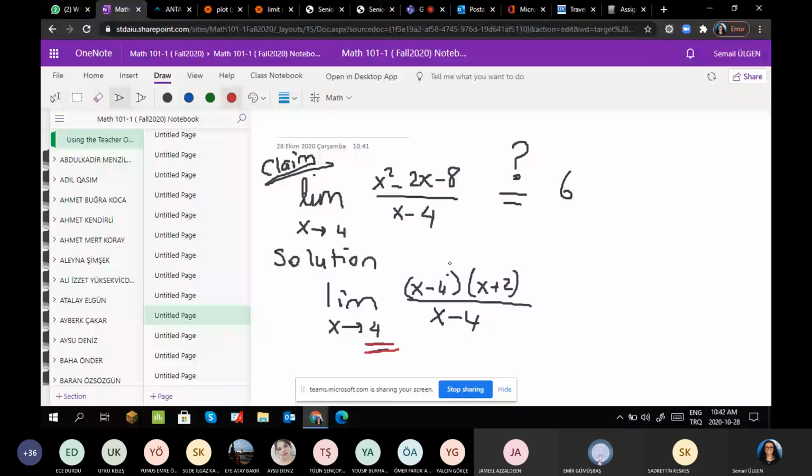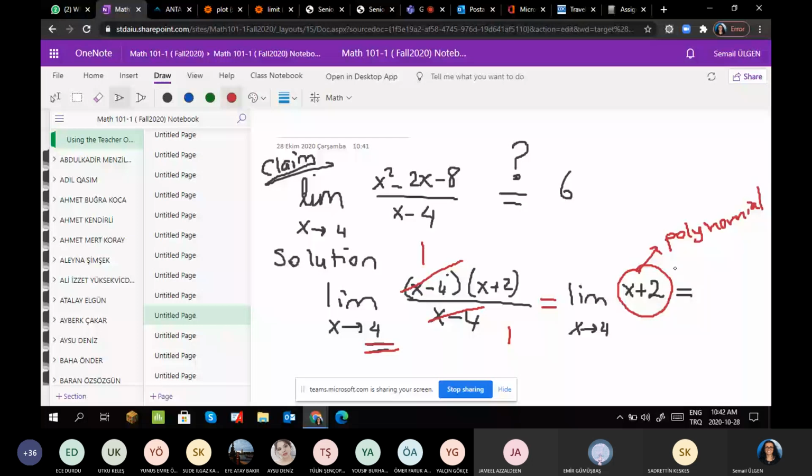So this is equal to the limit as x approaches 4 of x plus 2, and this is a polynomial. When you have a polynomial, you can directly plug in the value for the limits. Plug it in, you get 6. We really get 6.